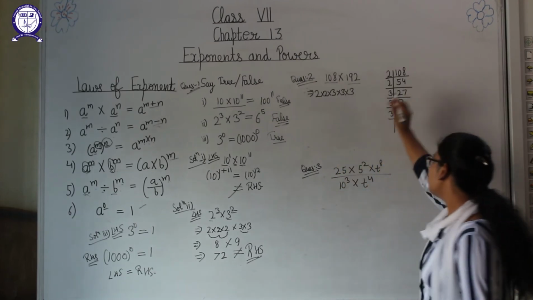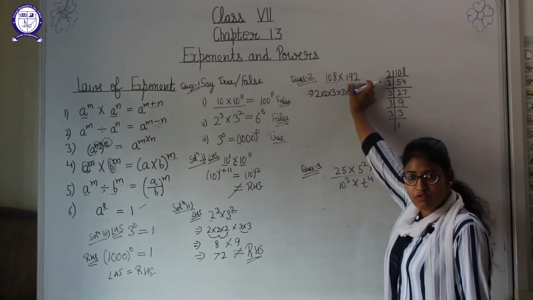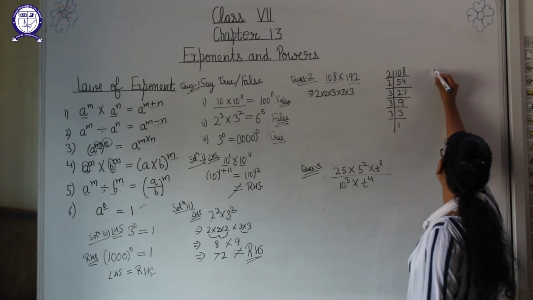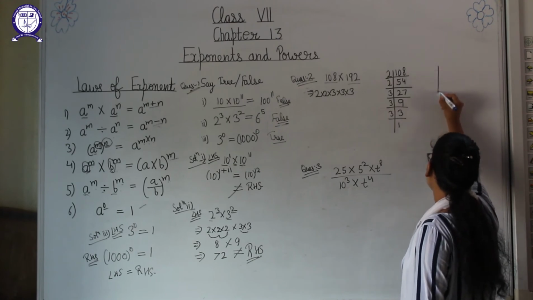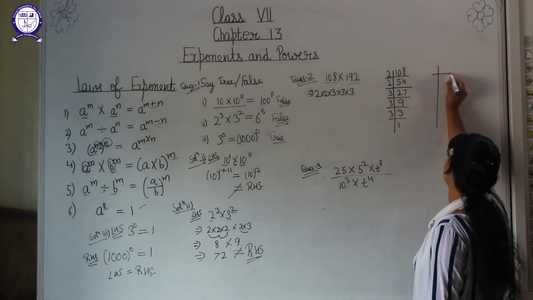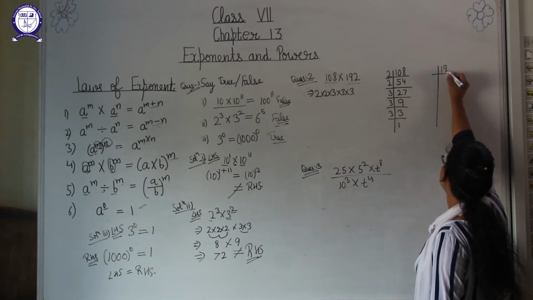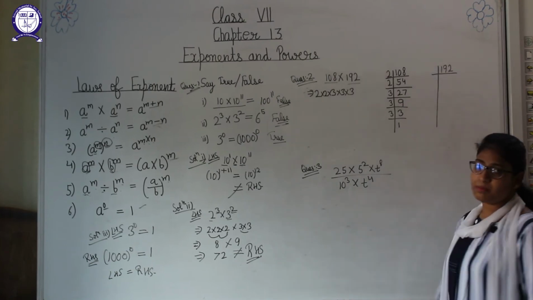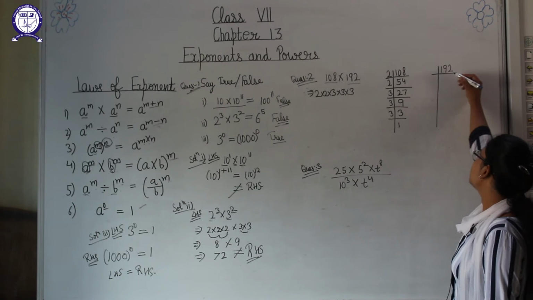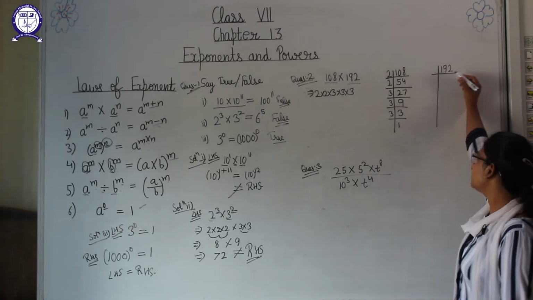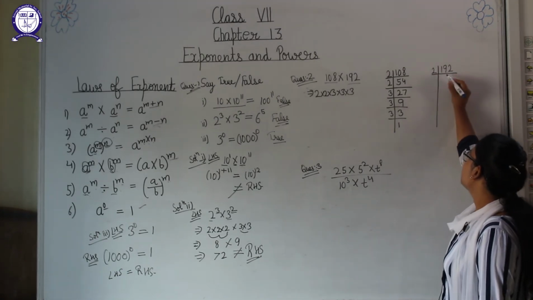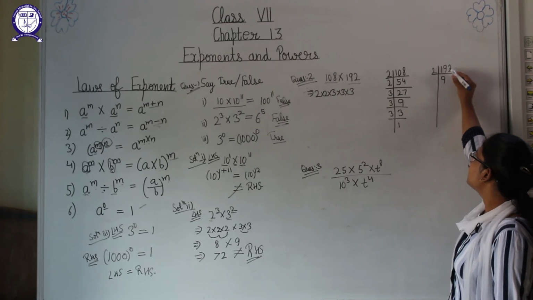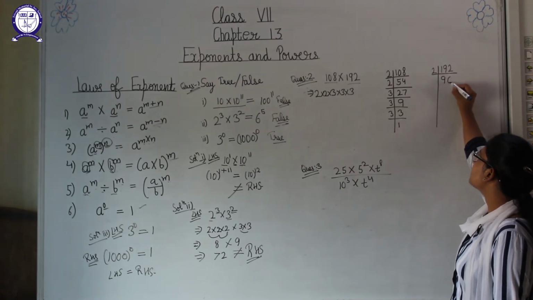Okay, now what will we do? We will find the prime factors of 192. 192 is our number. As it is an even number, we can divide it by 2. So 9 2s is 18, then 12, 6 2s is 12.